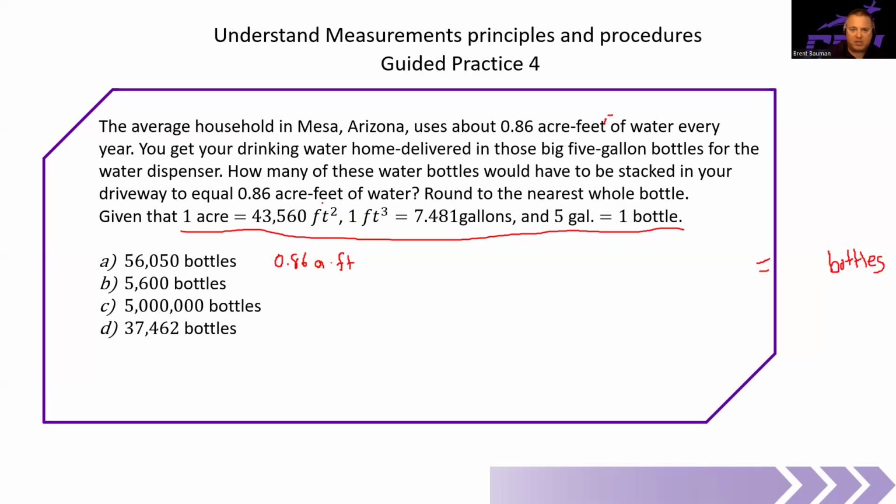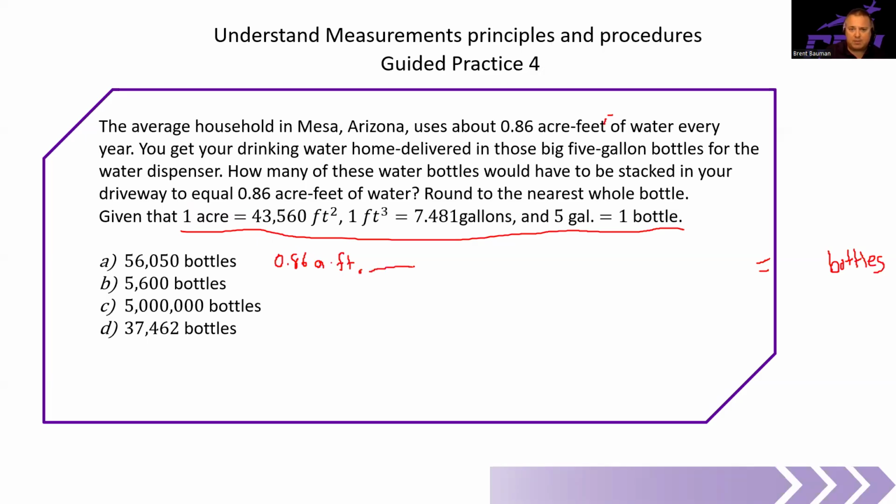So we'd end up with feet cubed because we already have a feet here. But if you look at your next conversion, you can get rid of the feet cubed and get to gallons. And then gallons can be changed into bottles. So it looks like our full path is given to us here. We just need to make sure that we set everything up correctly.